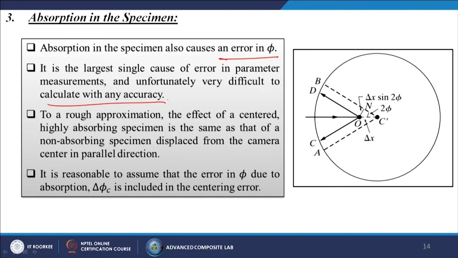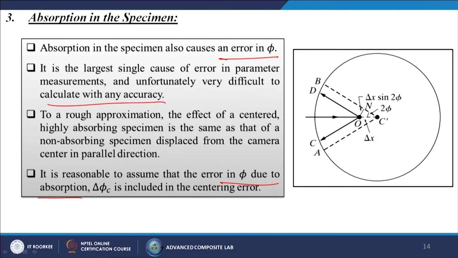To a rough approximation, the effect of a centered highly absorbing specimen is the same as that of a non-absorbing specimen displaced from the camera center in the parallel direction. So, it is reasonable to assume that the error in phi due to absorption, del phi c, is included in the centering error.